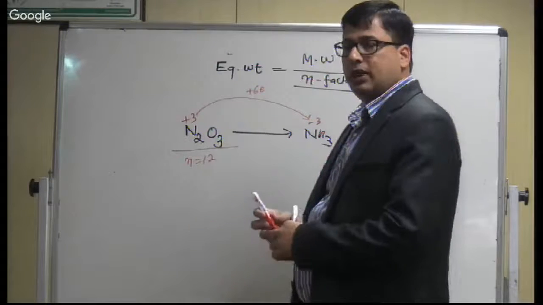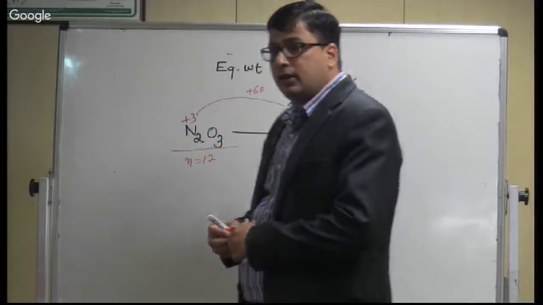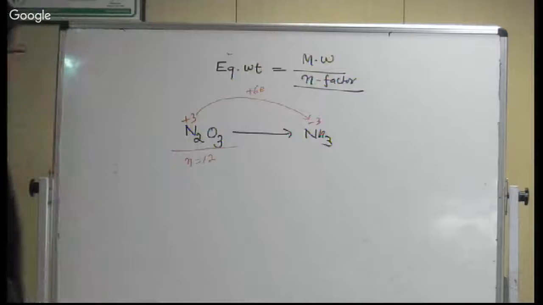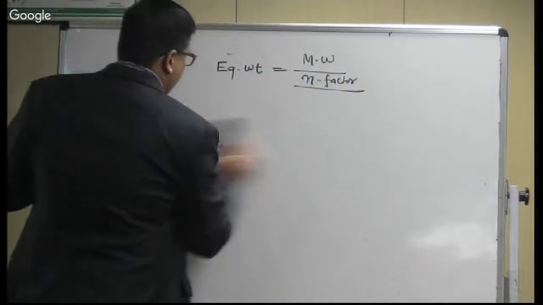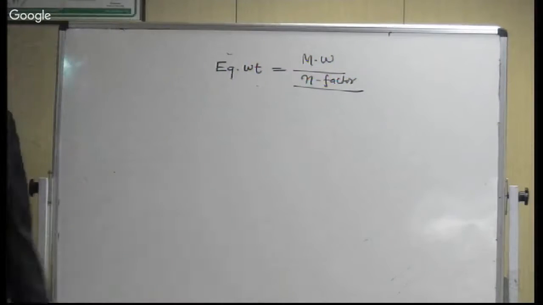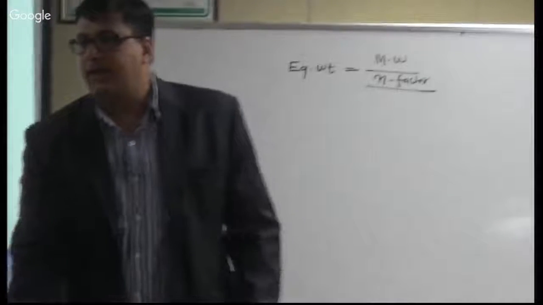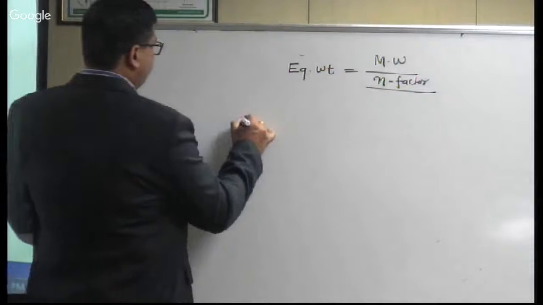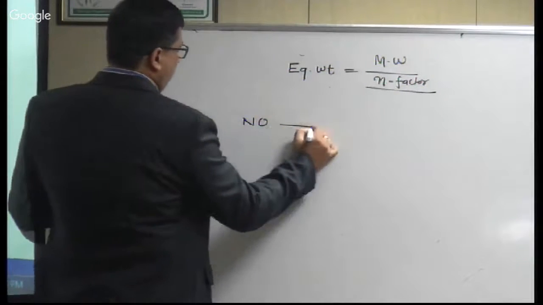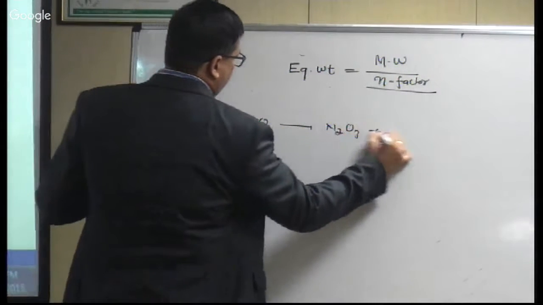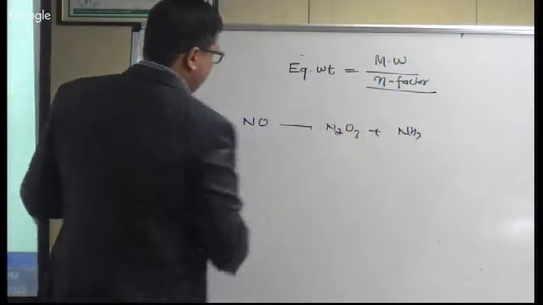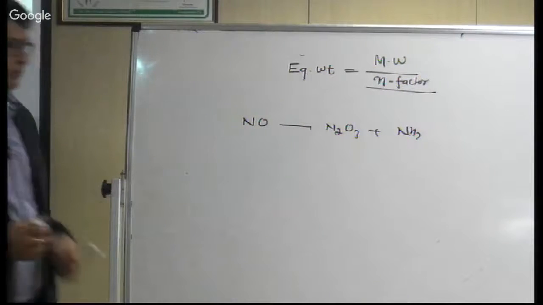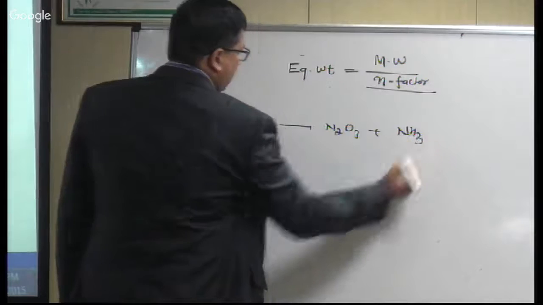Simple? Clear? So in some cases there will be disproportionation of the oxides. Oxide undergoes 2 different oxidation states, gain as well as loss. For example, NO gives N2O3 plus NH3.